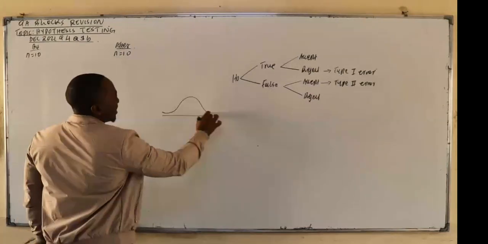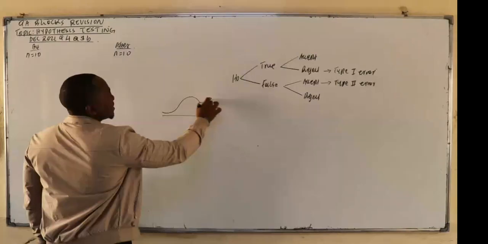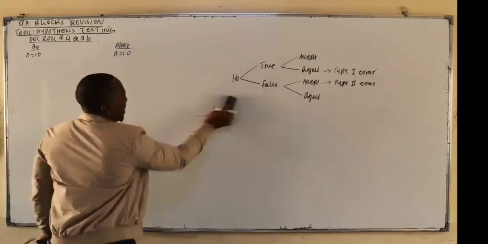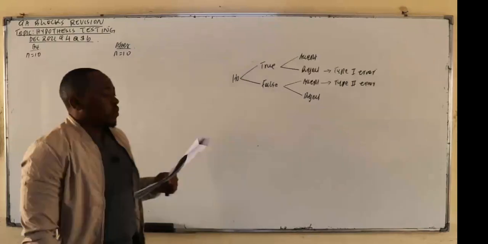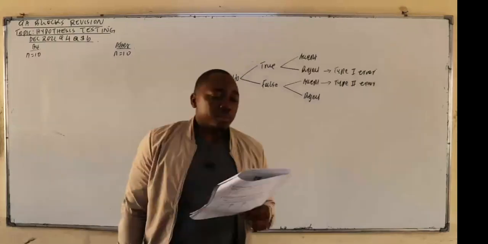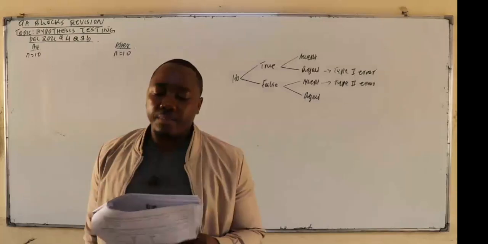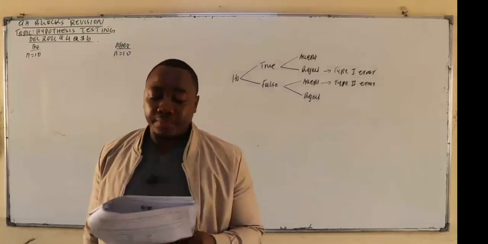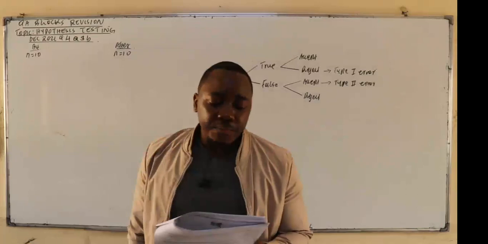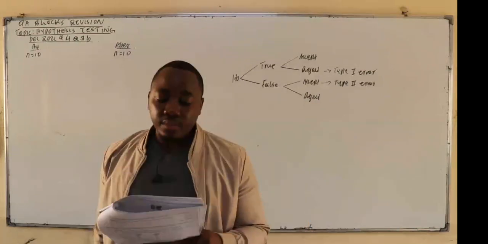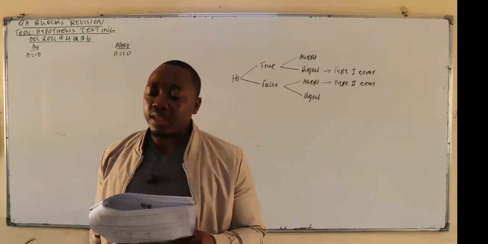That one we use Z. So we have the sales before the promotional campaign, shillings in million, and the sales after the promotional campaign. Required: using 5% level of significance, determine whether the promotional campaign was successful or not.